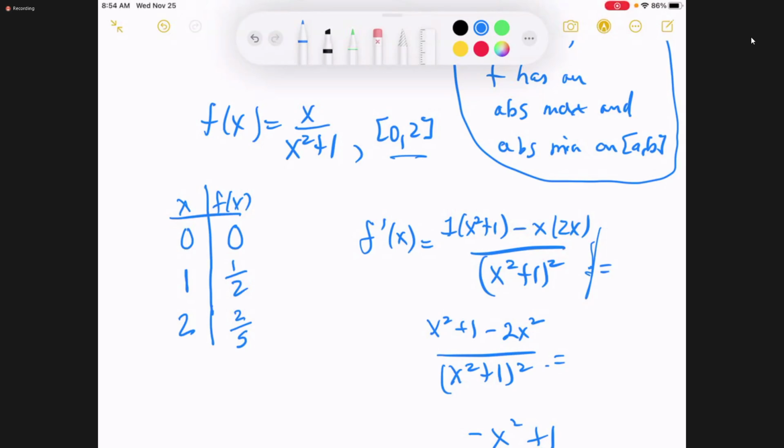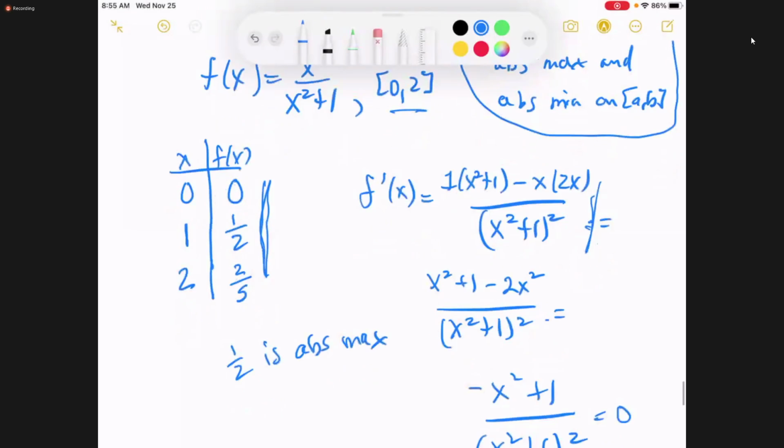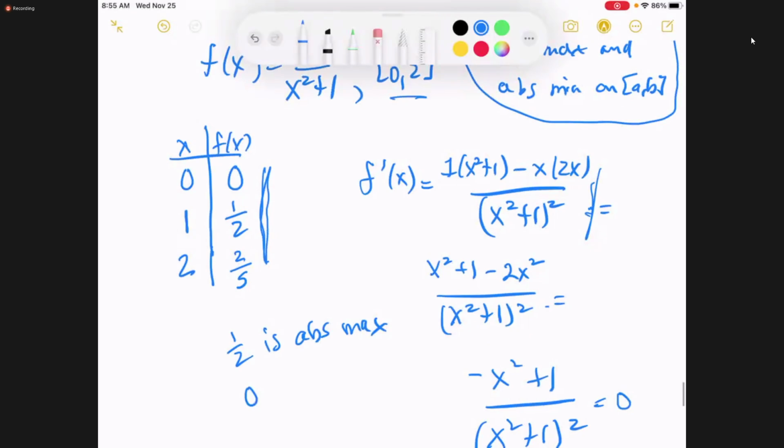My absolute maximum is the biggest one, and my absolute minimum is the smallest one. What's the biggest number in this list? It would be 1/2. Yes. 1/2 is the absolute max. And 0 would be absolute min. That's right. 0 is the absolute min.